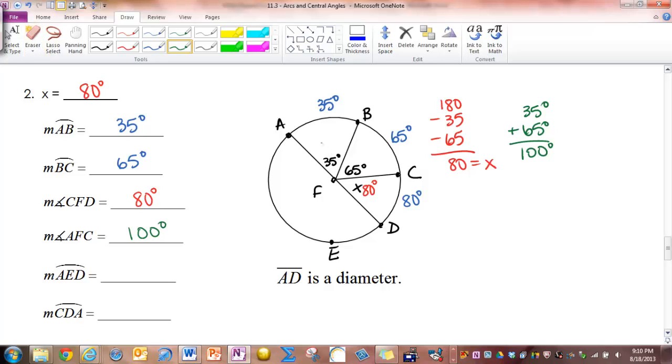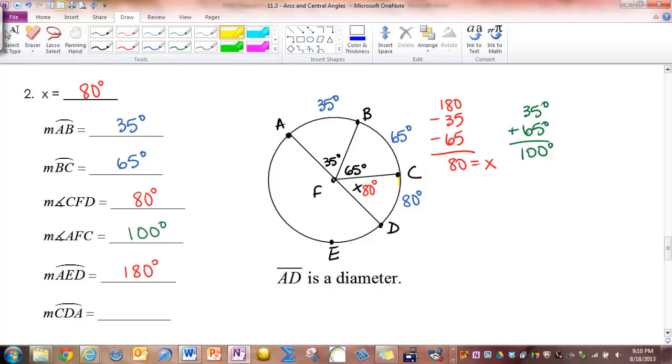Next, we're asked to find the measure of arc AED. Now, arc AED is right here, and that is going to be a semicircle, so its measure is 180 degrees. And the last arc we're asked to find is the measure of arc CDA.